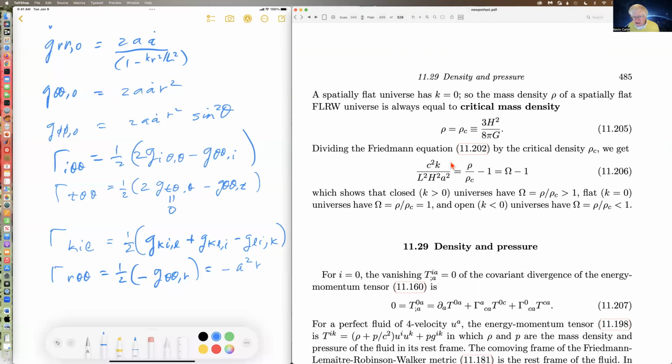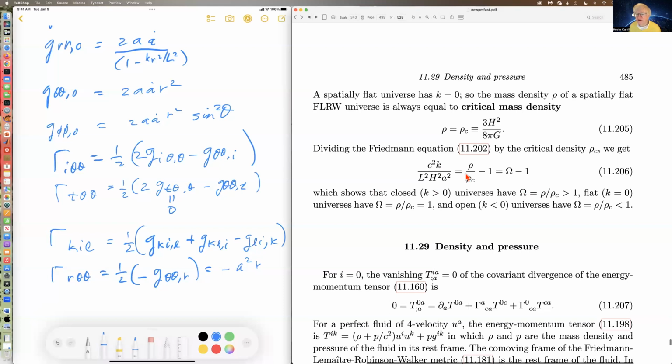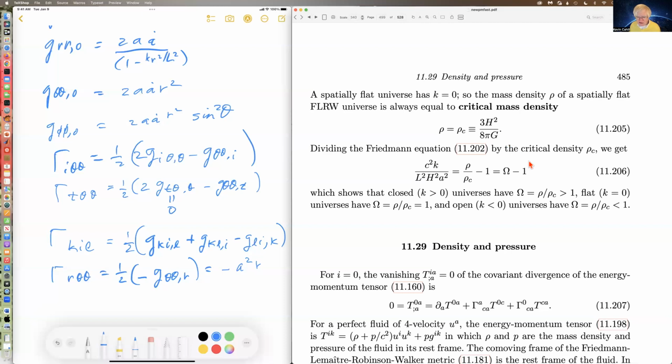What it says is, on the left-hand side is something that is positive for k greater than 0, 0 for k equal to 0, and negative if k is less than 0. And by the way, traditionally, one sets k equal to +1, 0, or -1. I should have mentioned that earlier. The text says so, but I forgot to mention it.